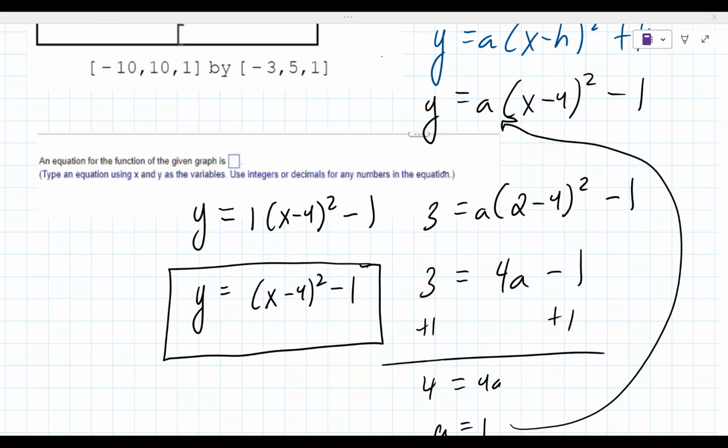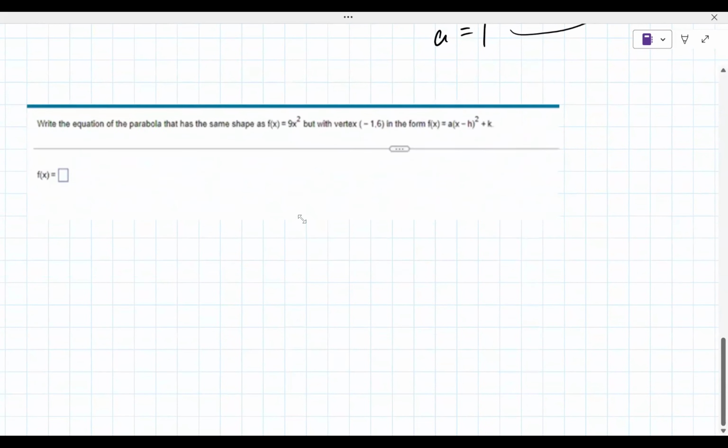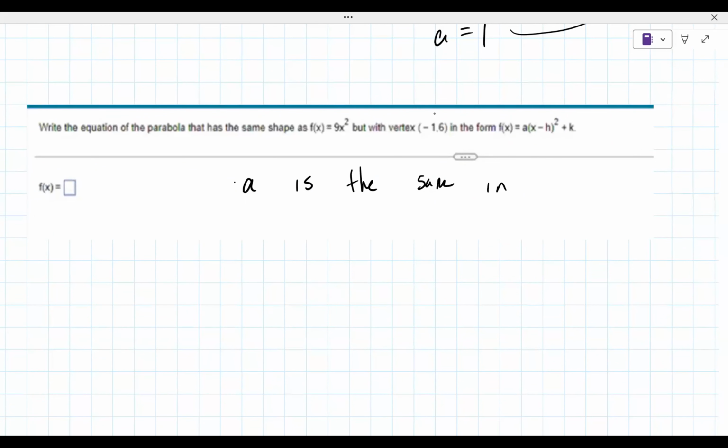All right, so the next problem here is fairly similar. They're really emphasizing this vertex form. So they're saying that the parabola is 9x squared, but it's got a new vertex, -1, 6. The thing that maybe isn't made clear in the classroom is that a is the same in all three forms of a quadratic. So this 9 ends up being that a value there.